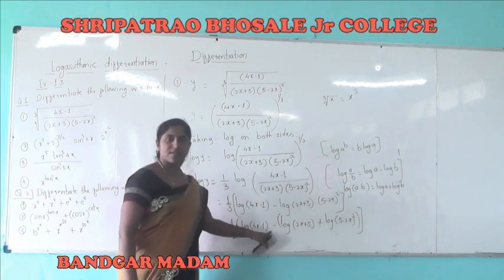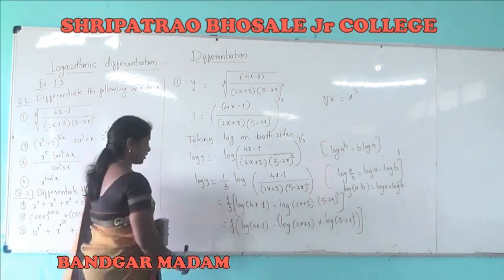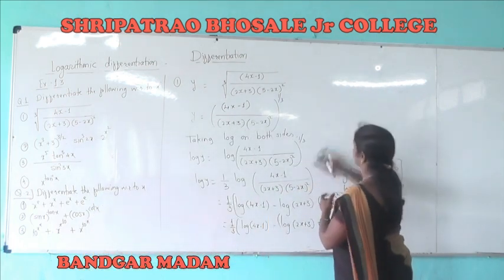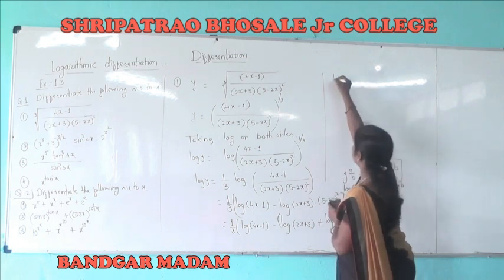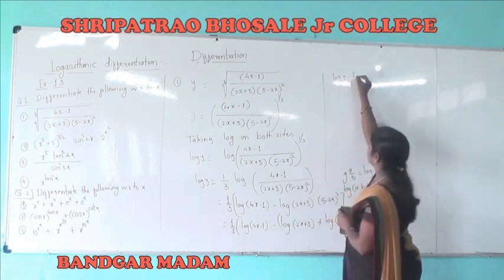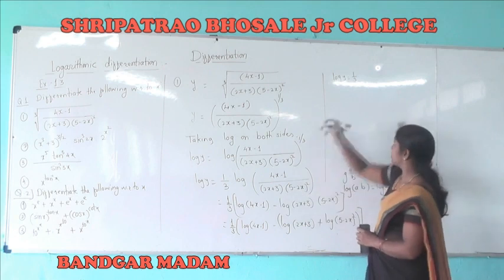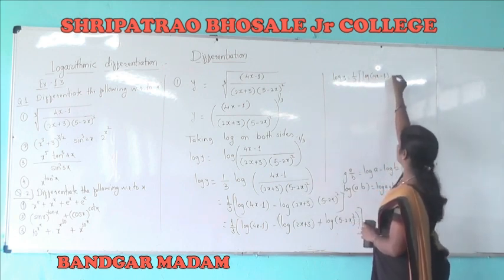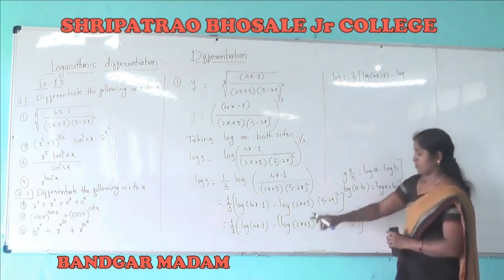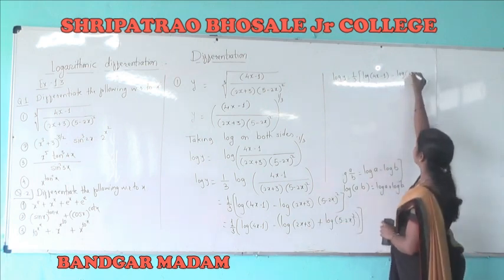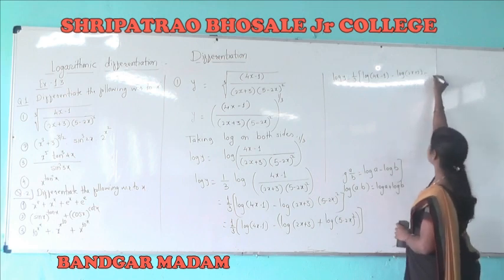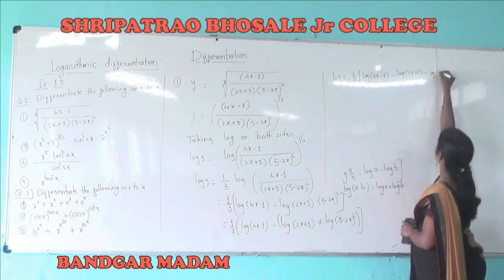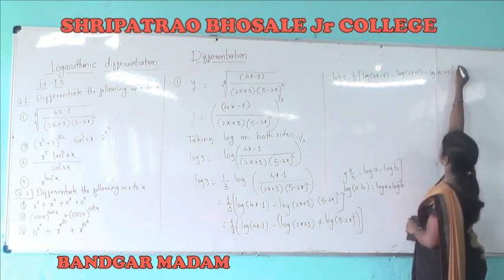Now this minus sign distributes over this logarithm and we get log y is equal to 1 by 3, this is the first term, log 4x minus 1 minus log of 2x plus 3 minus log of (5 minus 2x) square.